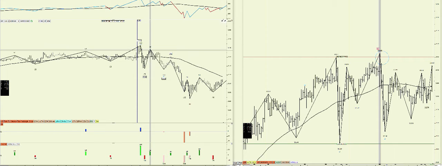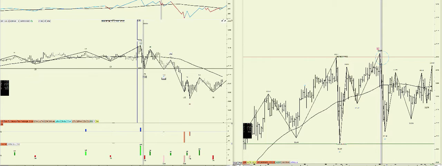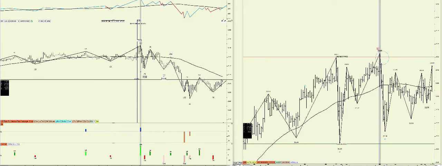Okay. After that, you have selling pressure over here that takes out the low. It makes a lower low. And the volume increased. Selling pressure increased.